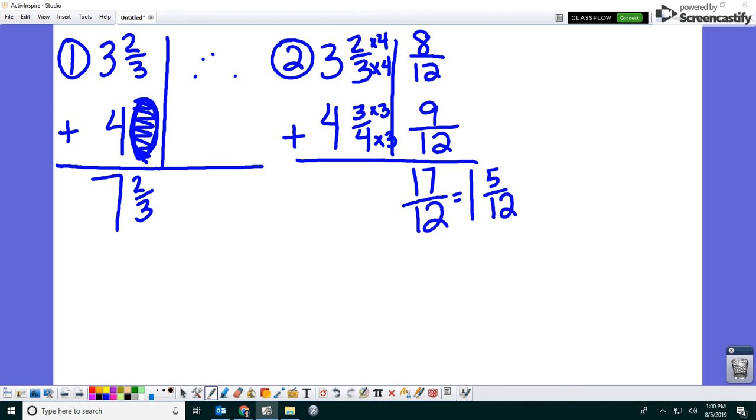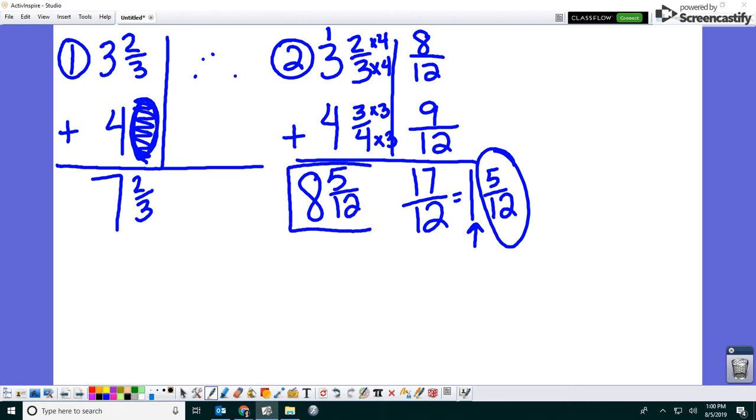Now I have this whole number that I can carry over here with my other whole numbers. So now I have 1 plus 3 plus 4. So that's going to be a total of 8. And then I have to remember about this fraction over here. I have 8 and 5/12 as my final answer.